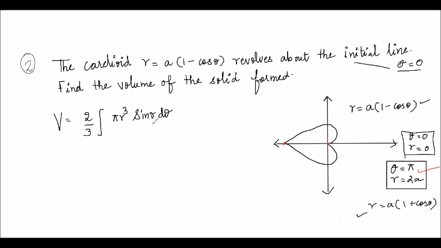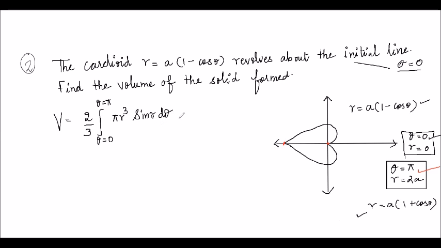We have to find the limits of theta, that is, how theta will vary. It is very clear from the figure that theta will vary from 0 to pi. Here theta is 0 and here theta is pi. So it will be from theta equal to 0 to theta equal to pi.